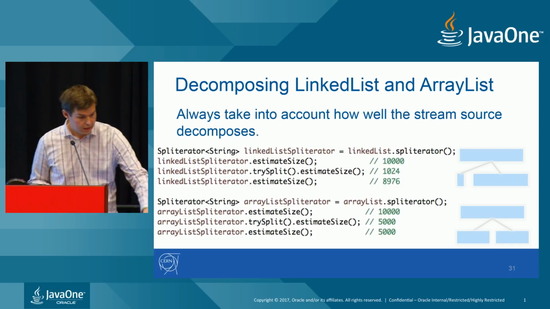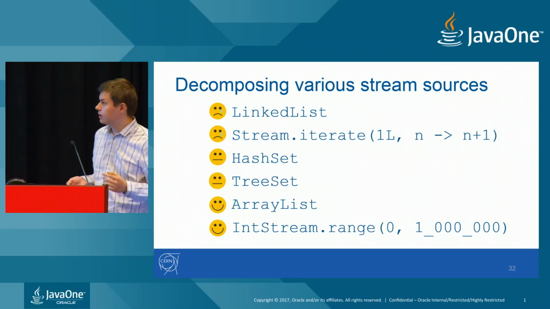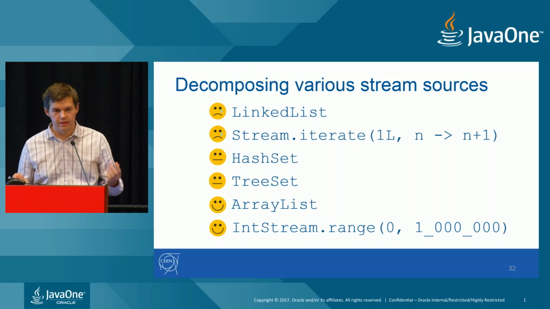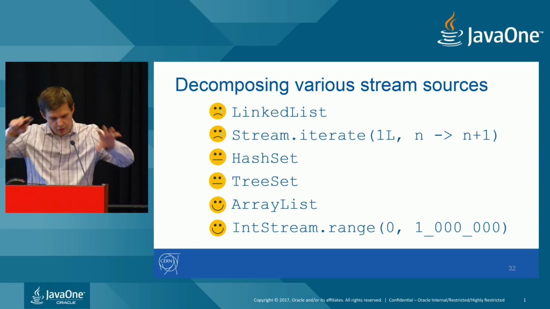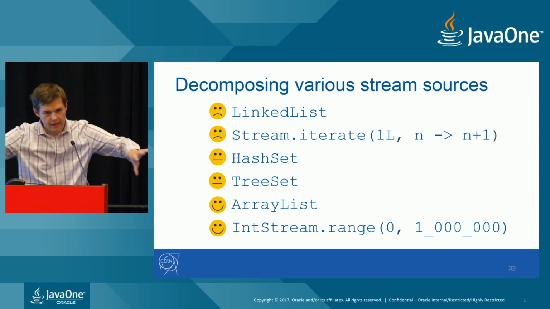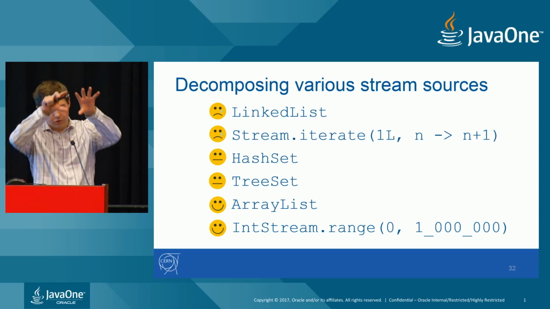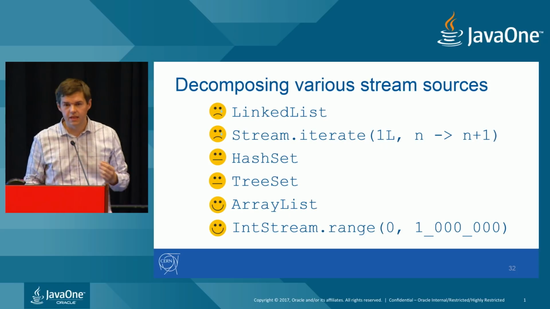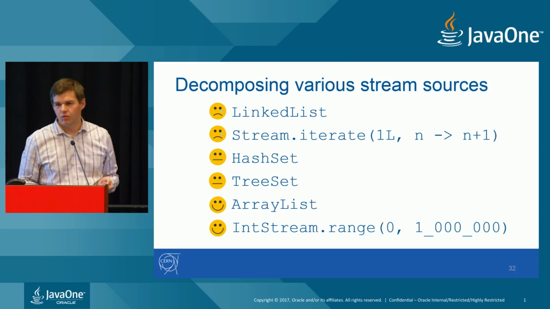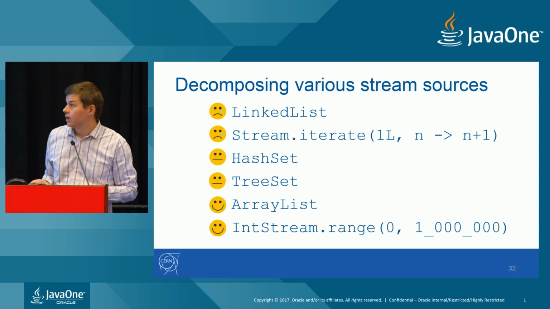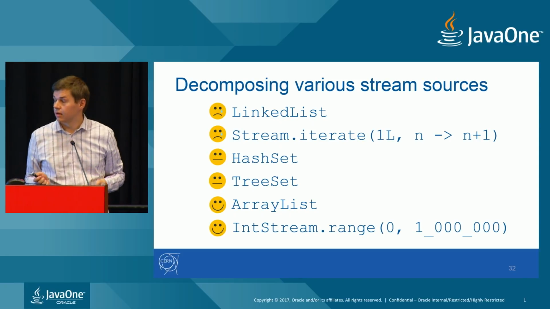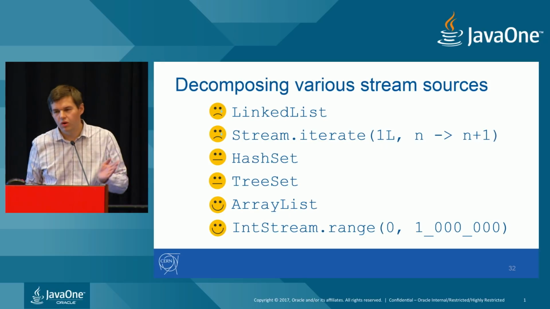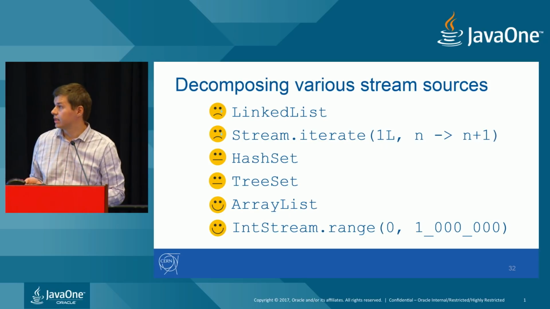This, of course, means that for a parallel stream, certain sources are friendlier than others. When you create the tree, going from the root to the leaves, it matters what you're doing. With a linked list, as you already saw, you need to walk through it iteratively, so it can be expensive.